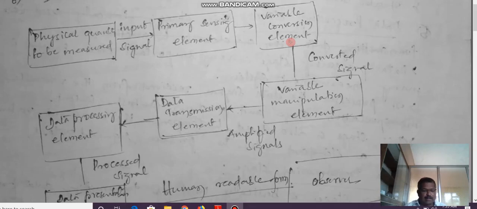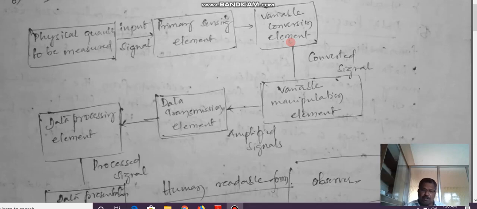Okay, next the signal is sent to the variable manipulation element. In this element, if any noise, vibration, or disturbance is present, it can be removed, because we are using a mechanical device. A mechanical device is comprised of gears, levers, springs and belts.